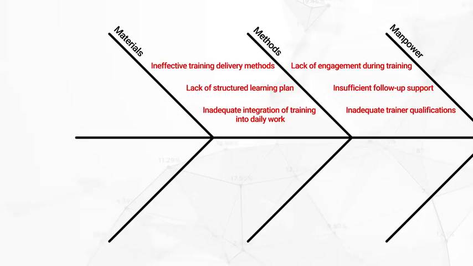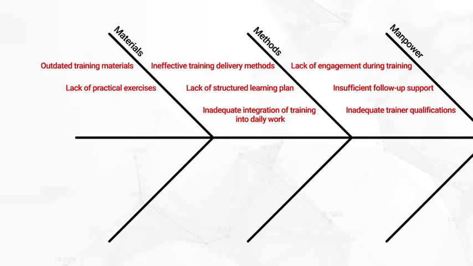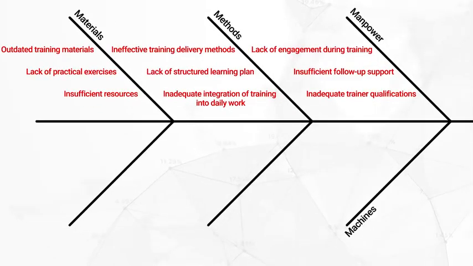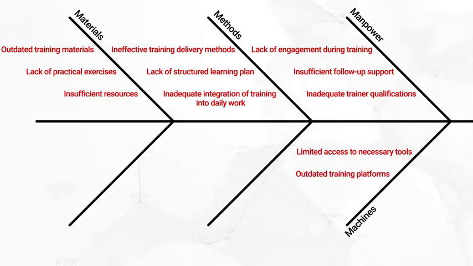Moving on to materials or content, it could be outdated or irrelevant training materials, lack of practical exercises or real-world application, or insufficient resources provided to employees. For machines or equipment, it could be due to limited access to necessary tools and technology, outdated training software or platforms, or inadequate facilities for training sessions.